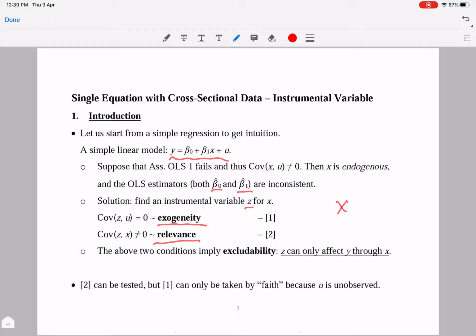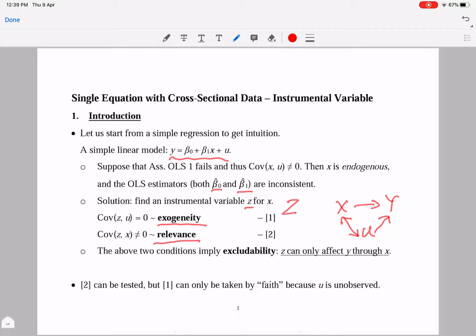So we have x affects y, and also the error term also affects y, but unfortunately there's some correlation between x and u.